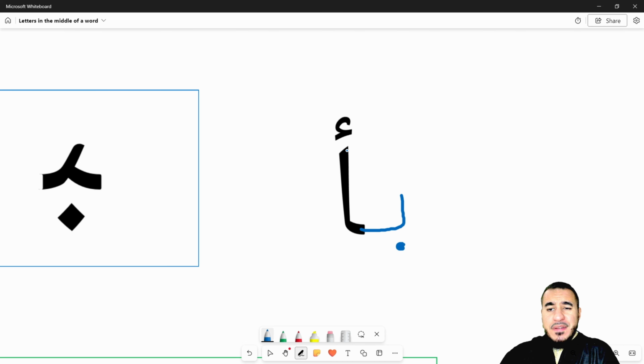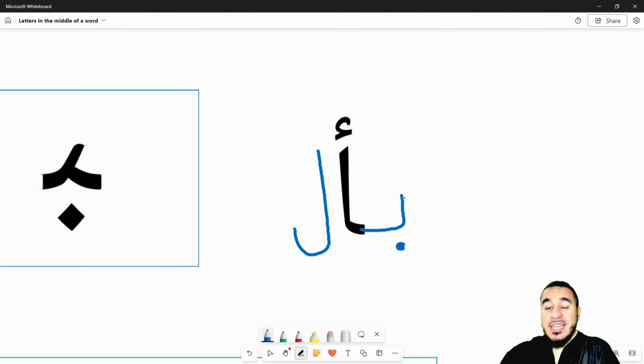So when the alif is in the middle of a word, meaning a letter comes before it and a letter comes after it, then it attaches directly to the letter before it, and it does not attach directly to the letter after it, okay? It cannot attach to the letter that comes after, but it will attach to the letter before it, if, of course, the letter permits.